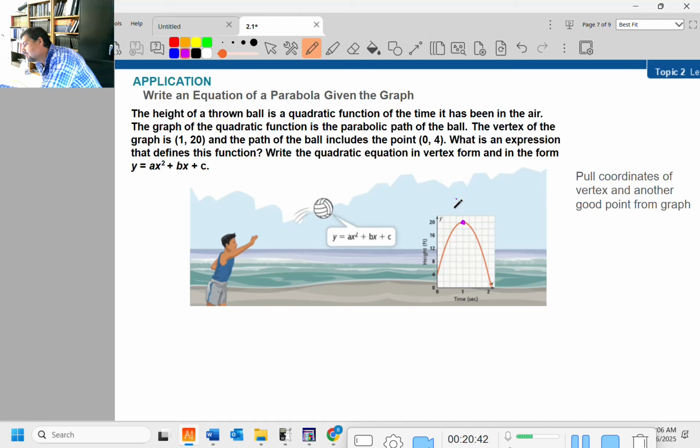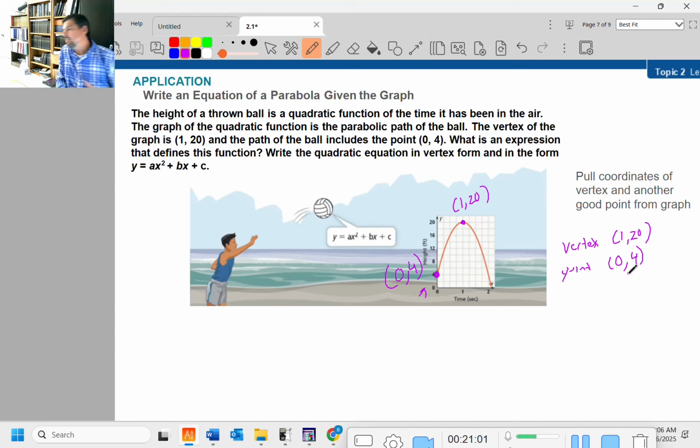This is my vertex. Another good point is probably the y-intercept right there. That's going to be the ordered pair (0, 4). If you have the y-intercept, it's always good to go for because x is literally 0. It makes the math easier.